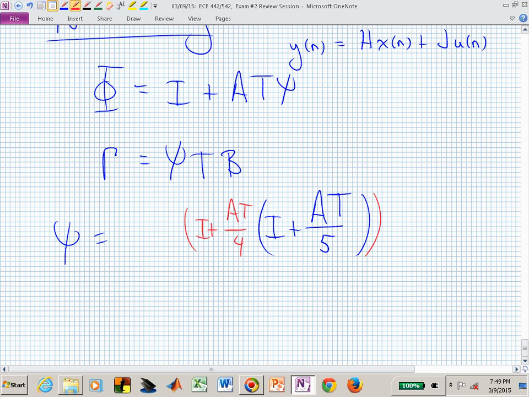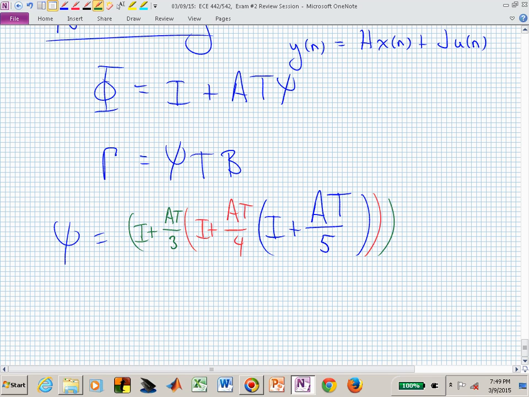So you have an AT over 4 scale, that's a 2 by 2, scaling another 2 by 2, and you add another identity. Like I said, I'm going to run out of room. I shouldn't have started with 5. You now hit that with AT over 3. Add an identity to that. Do you see how this is nested or growing?